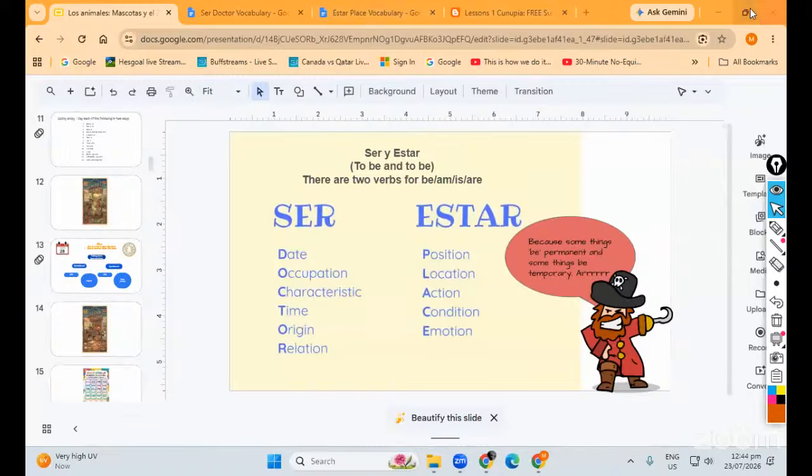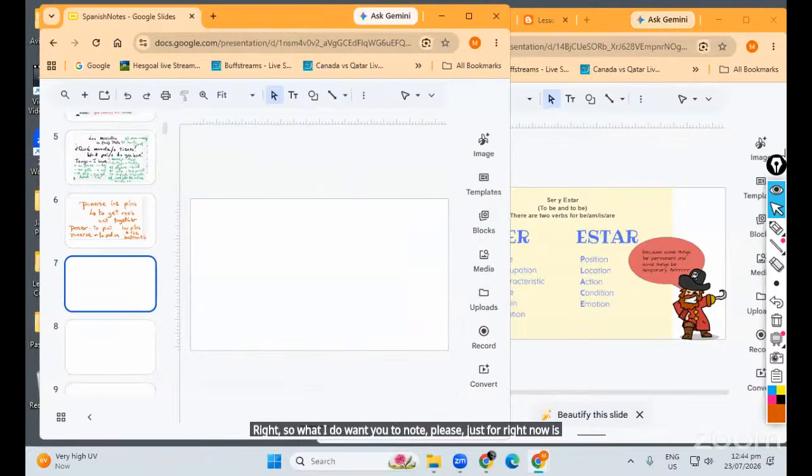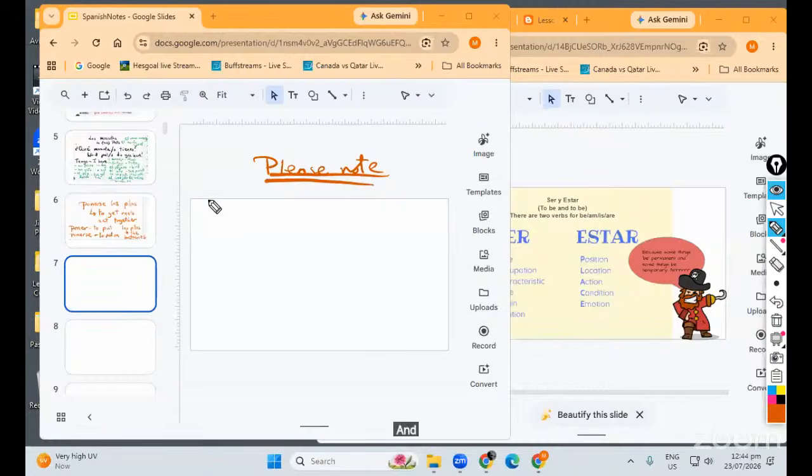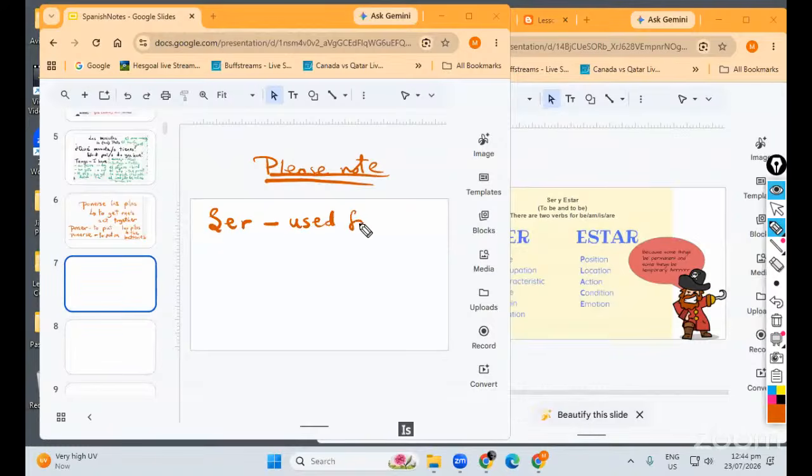So what I do want you to note, please, just for right now, is ser is for permanent, so please note. And if you want to go back to where you conjugated the verb and write it down, you could do that, right? But ser is used for permanent things, permanent. I'm going to put all long-lasting things. Like Duracell batteries. Ha, ha, ha, ha. All right.